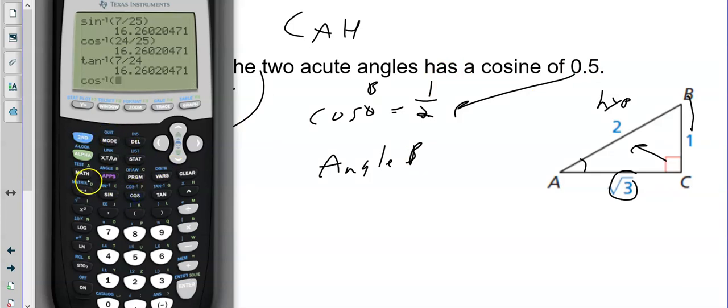Second cosine, and we just type in second square root of 3, divided by 2. So square root of 3 divided by 2, and we get 30.